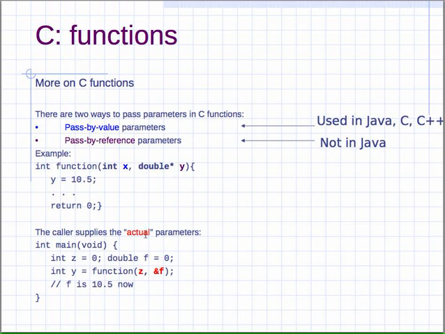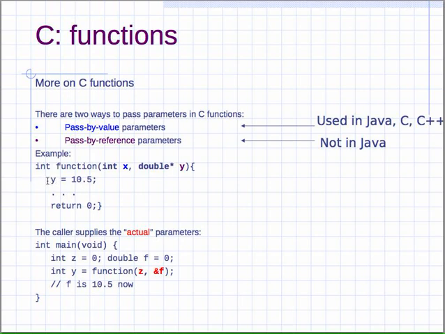Okay, so the upshot of this is that if you pass in the address of anything, let's say this double precision number, f, and then you put it into here, what you can do is, well, this should say star y equals 10.5. So this is a typo here.